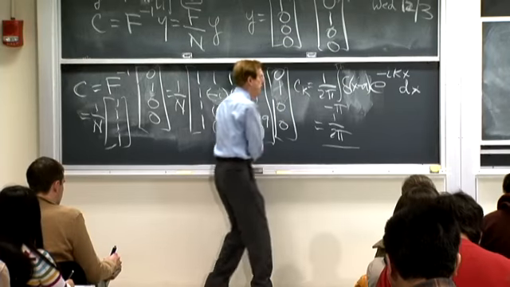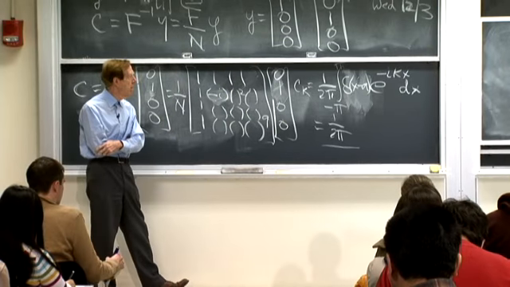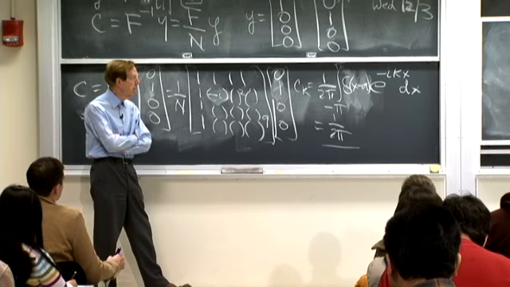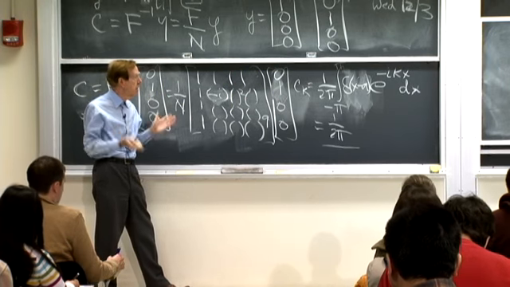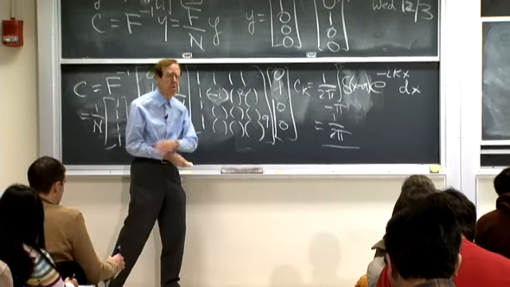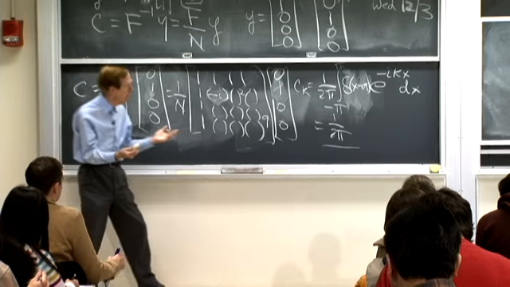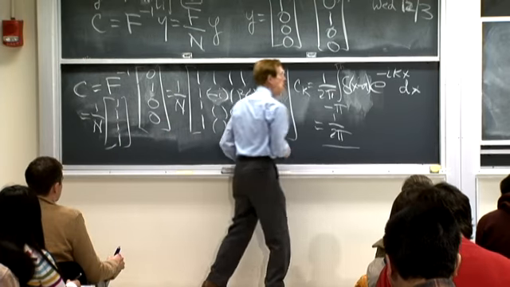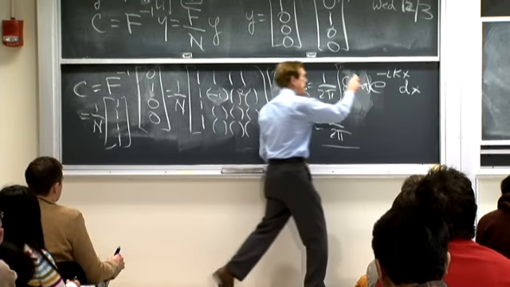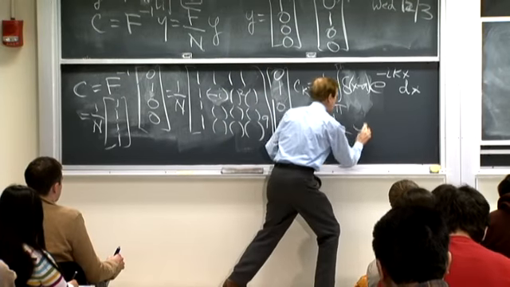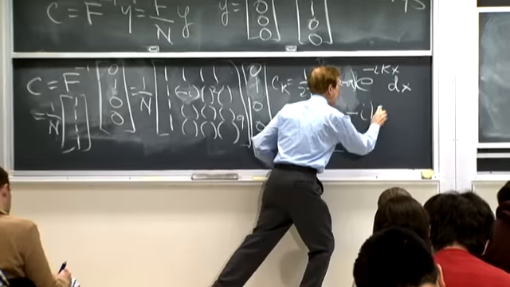Now you can see the answer. This is like a perfect practice in doing an integral with a delta. What's the integral equal? Well, the spike is at x equal to a. So it picks out this function at x equal a, which is e to the minus i k a.